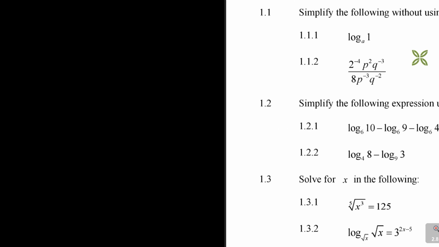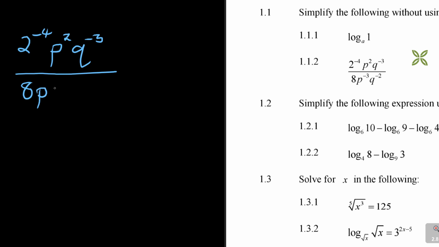You have here 2 to the power of negative 4, and then p to the power of 2, q to the power of negative 3, and then everything divided by 8, and then p to the power of negative 3, and q to the power of negative 2.